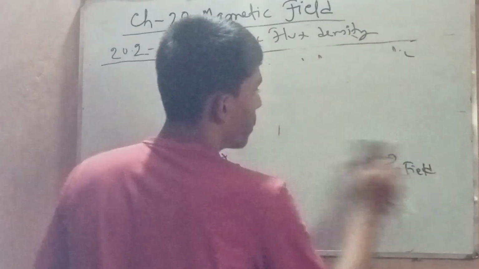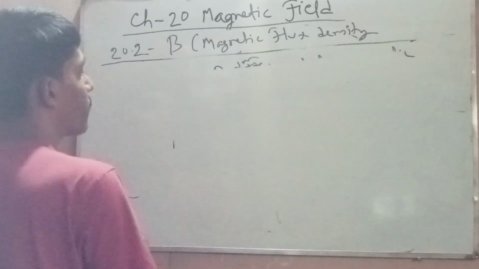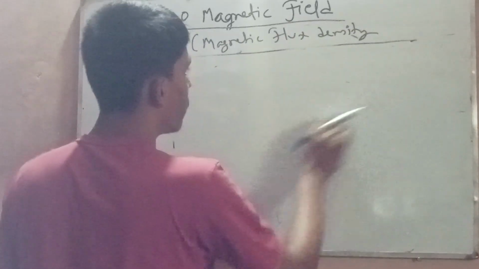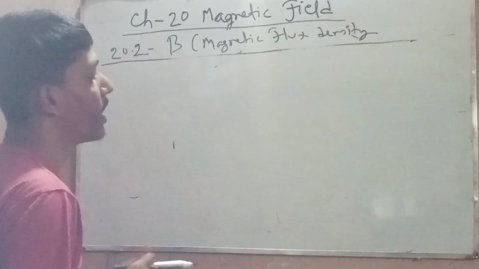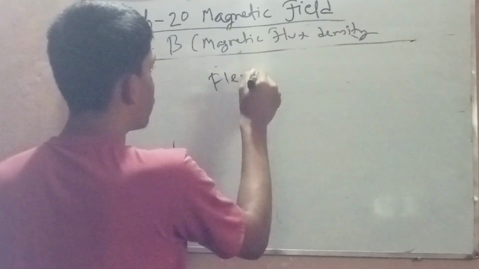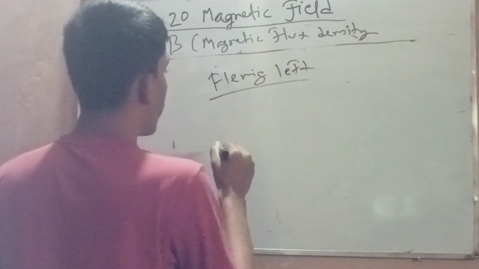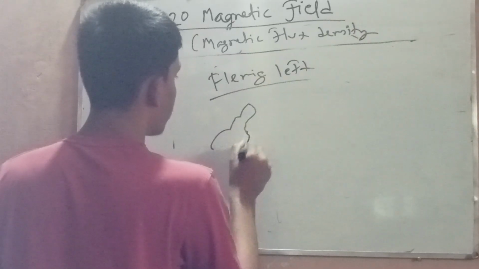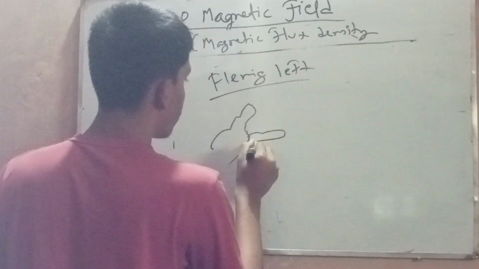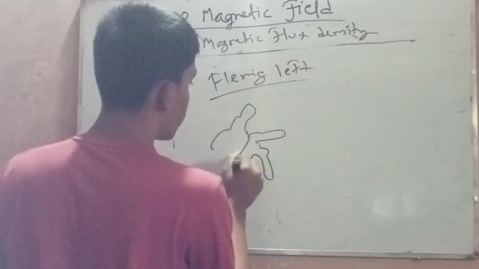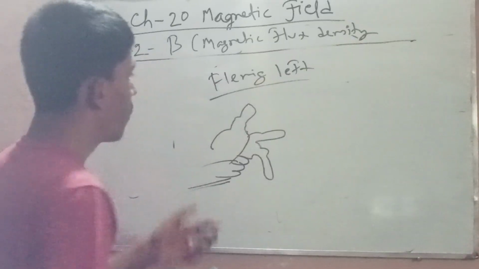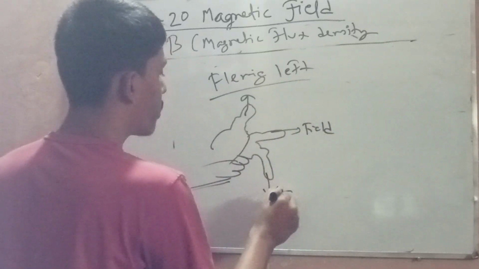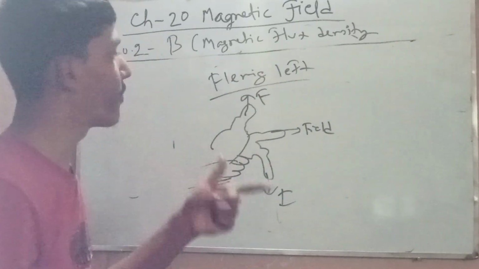As far as we have seen, the force on a current carrying conductor can be determined by Fleming left-hand rule, where the index finger points towards the field direction, the middle finger points toward the current direction, and the thumb gives the direction of the force.